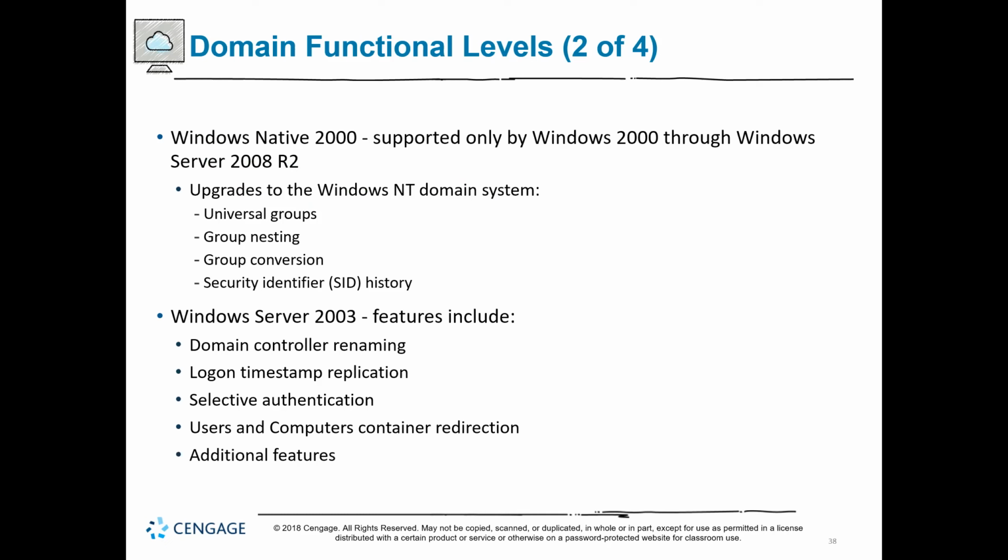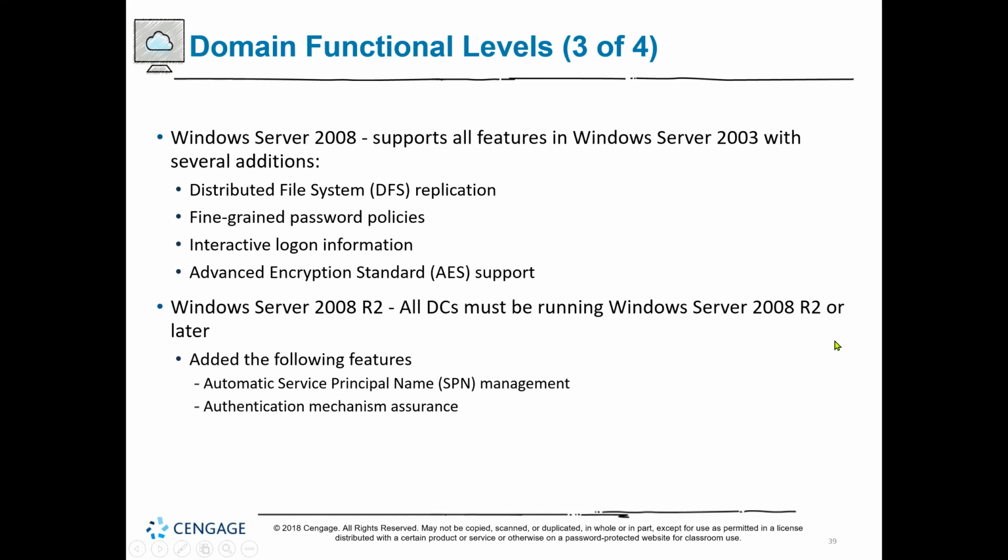But this upgrades Windows NT domain system, universal groups, group nesting, group conversions, security identifier, that's the SID history. 2003: domain controller renaming, logon timestamp replication, selective authentication, user and computer container redirection, and some more additional features. 2008 and 2008 R2, you have your DFS replication, fine-grained password policy, interactive logon information, and then you have your AES support.